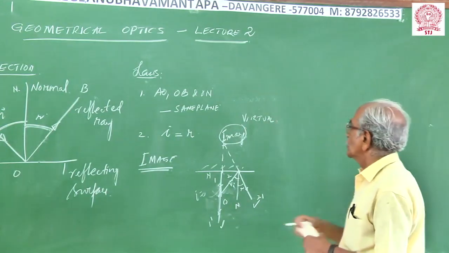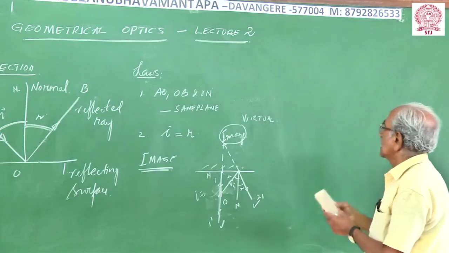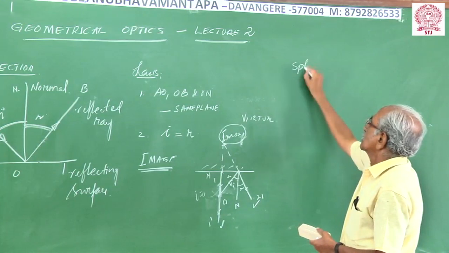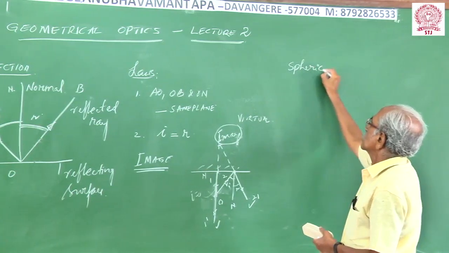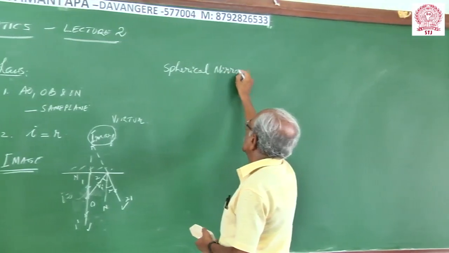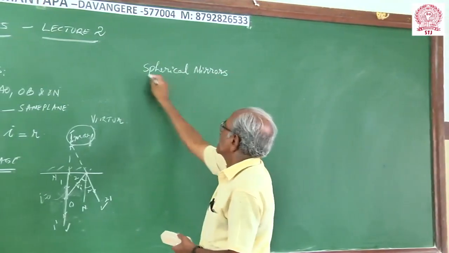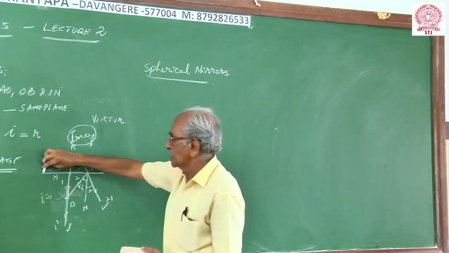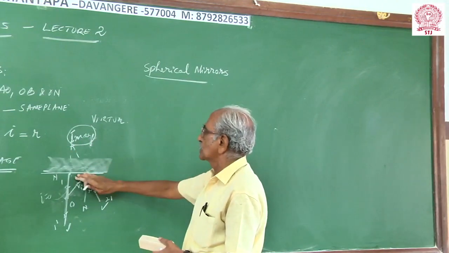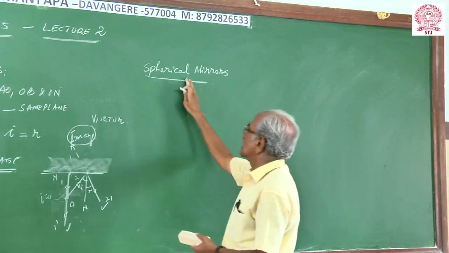Now, I also gave you the concept of spherical mirrors. If the reflecting surface is not plane, if it is curved, then we call it a spherical mirror.